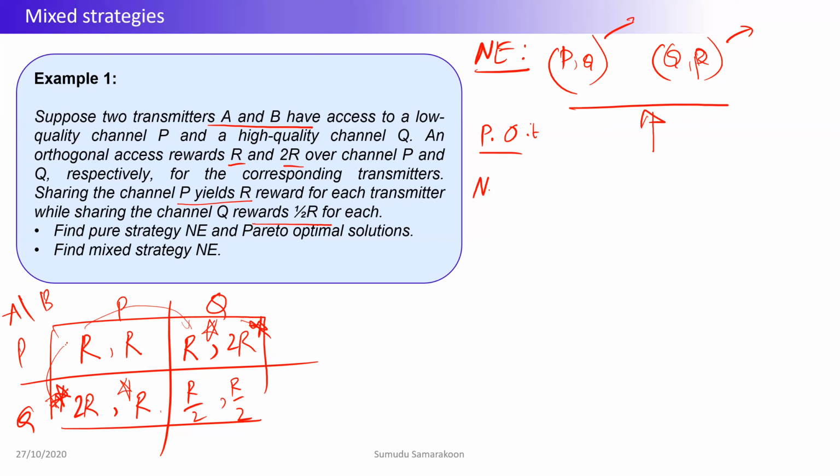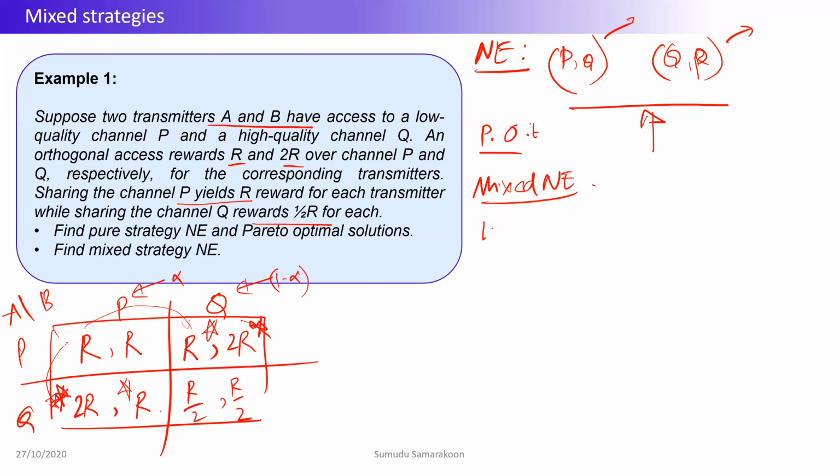Now, if you go for mixed NE, let's consider B is using this strategy with probability alpha, and this one with 1 minus alpha.